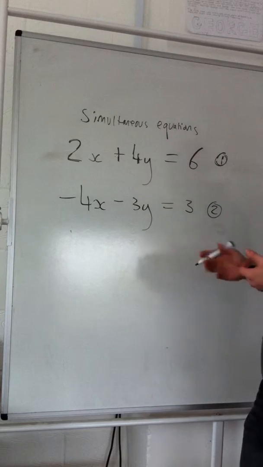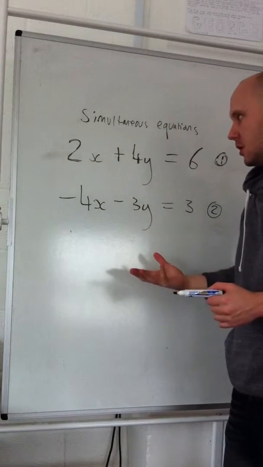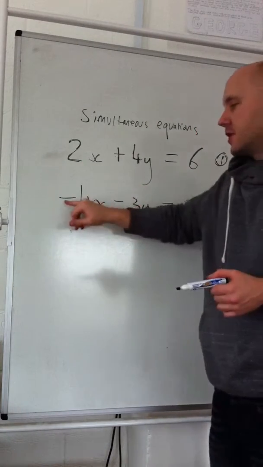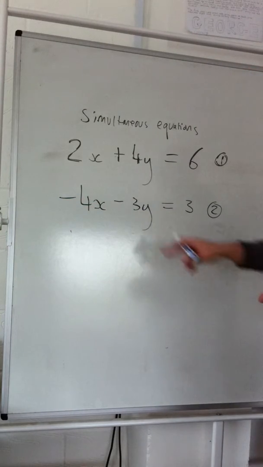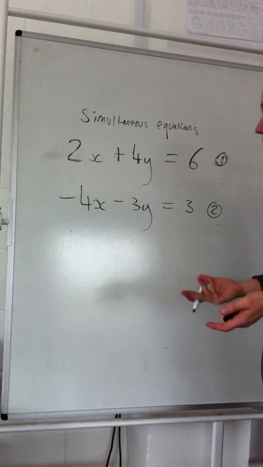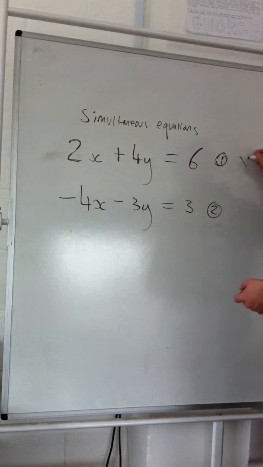Now, the first stage, what we need to do is get one of the coefficients to be of equal value, okay? Essentially the same number, regardless of whether it's a minus or plus value. So as we can see, we've got 2x here and minus 4x. So the most sensible thing to do would be to multiply this first equation by 2.